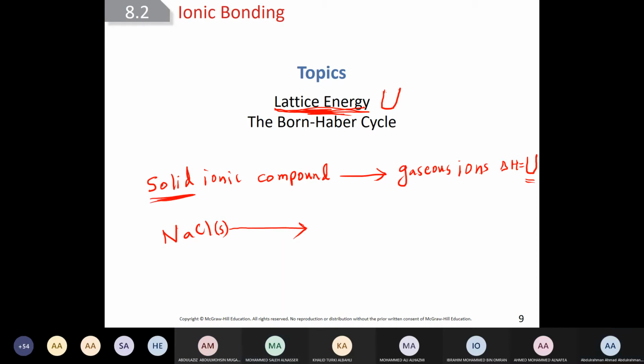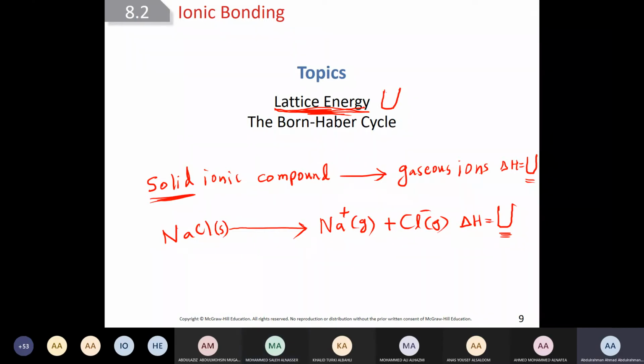NaCl solid goes into gaseous Na plus and gaseous Cl minus. What's the energy for this reaction? Minus 56? No, we don't know the number. It is U, the lattice energy.